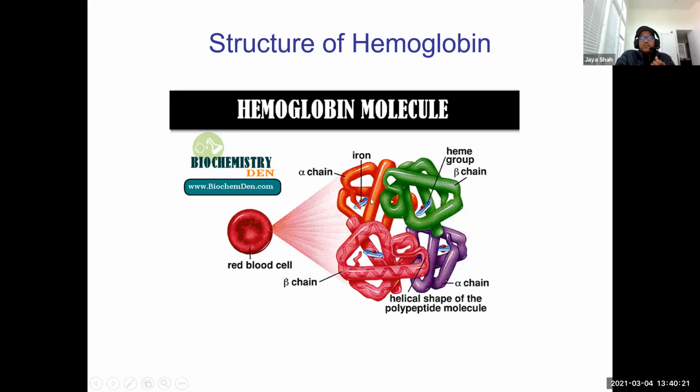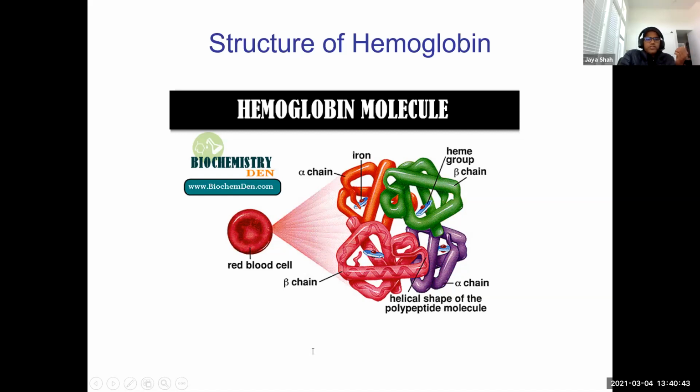Mutation of the alpha chain and then abnormal hemoglobin causing less oxygen carrying capacity is called alpha thalassemia disease. Mutation of the beta chain is called beta thalassemia. I have written in my notes.